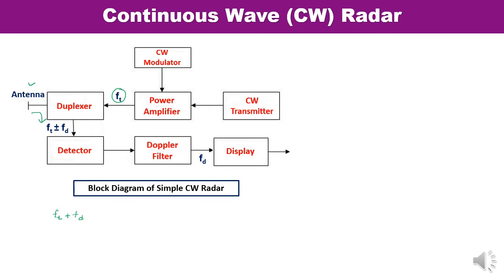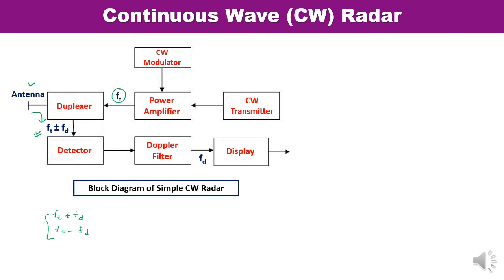And if the target is moving away, then the received energy frequency will be ft minus fd. That is why you can see here we have written ft plus or minus fd, depending upon whether the target is moving away or moving towards. Or you can say if the target is approaching the radar, the frequency will increase, and if the target is moving away from the radar, the frequency will decrease.